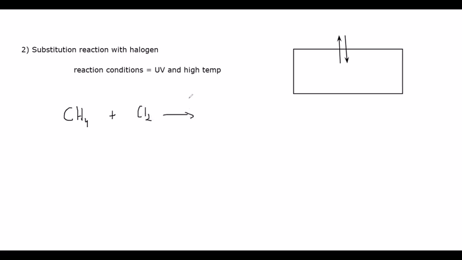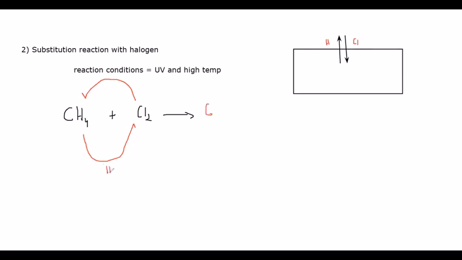How does this reaction occur? As we know from the name, substitution means when one chlorine atom enters methane, one hydrogen will leave methane. That's why we call it substitution. One hydrogen will leave and one chlorine will enter. So one carbon is there.